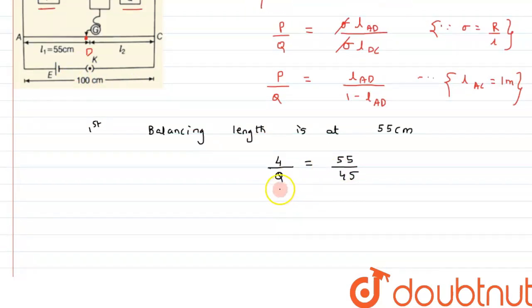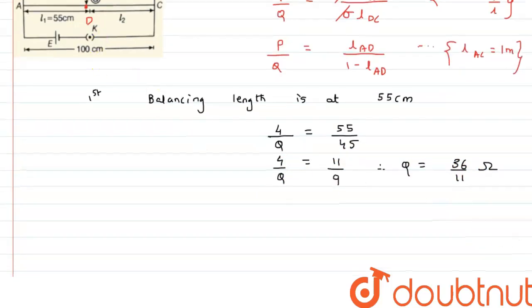So from here we can say 4 by Q will be equal to 11 by 9. Therefore the value of Q comes out to be 36 by 11 ohm. So this is the value of Q we have calculated.